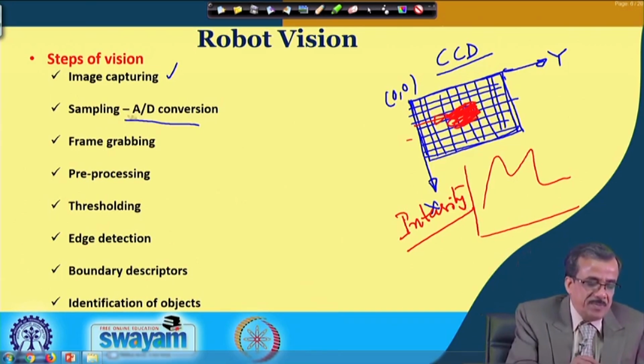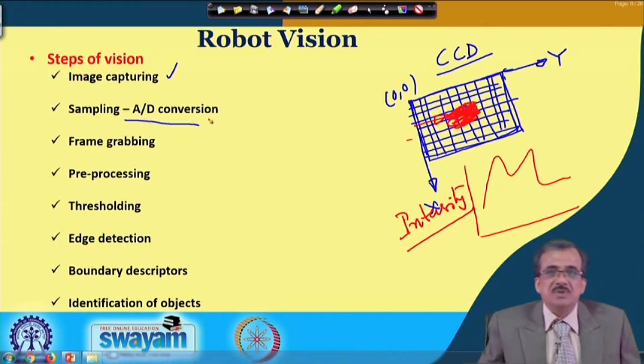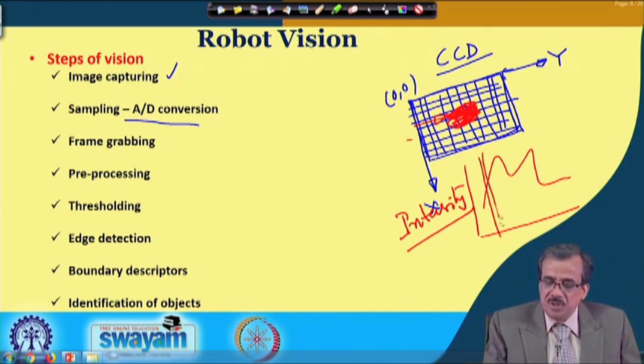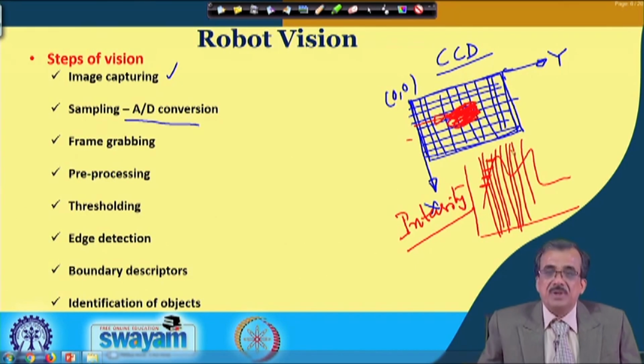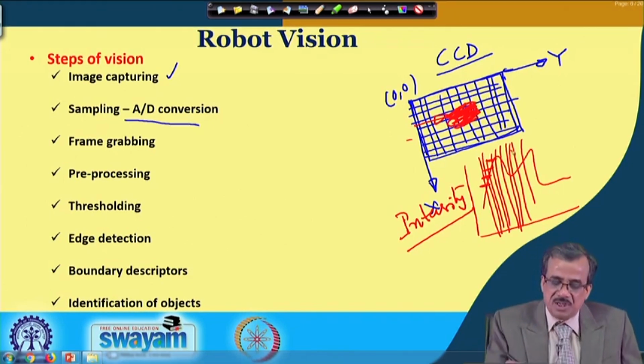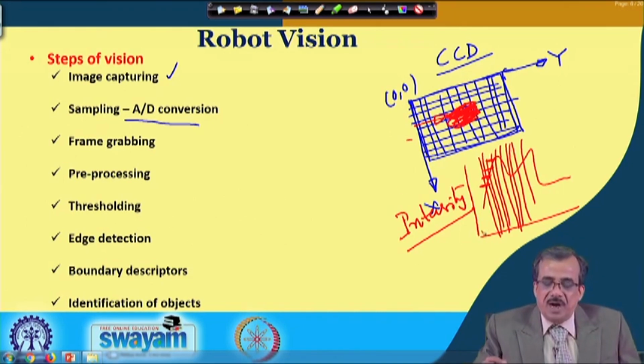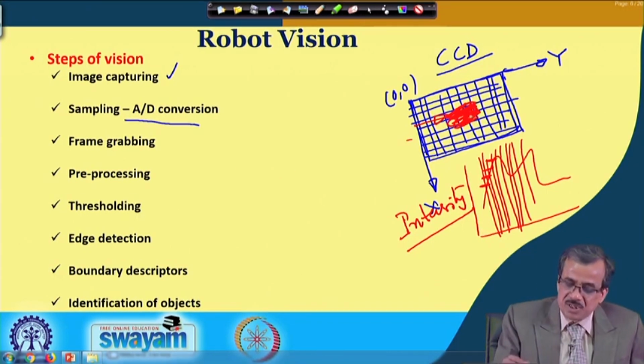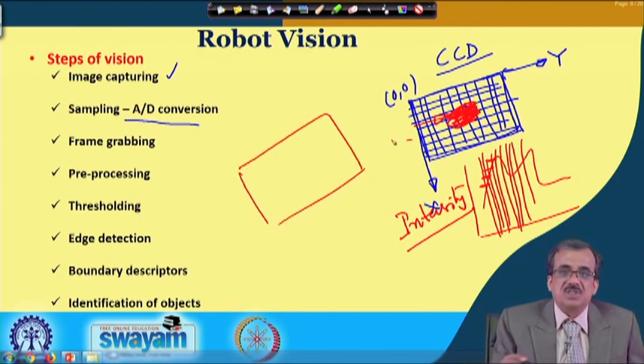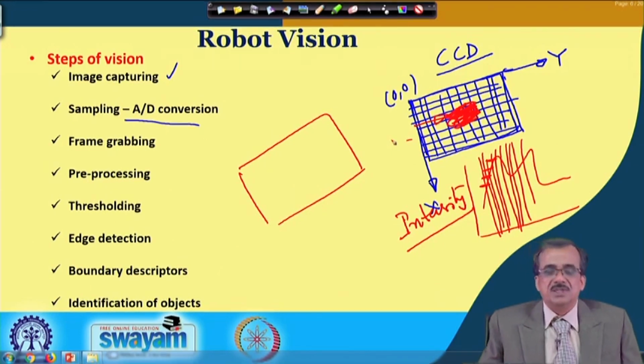Now, here in sampling, or the AD conversion, we do the sampling so that corresponding to the different pixels, I should be able to find out the numerical value, that means corresponding to this light intensity. So, I will be getting one matrix of the light intensity values.